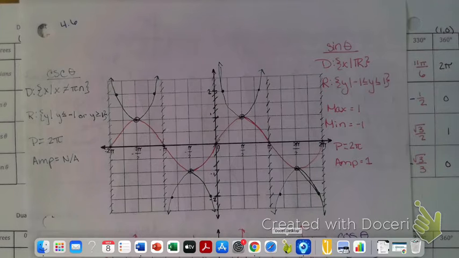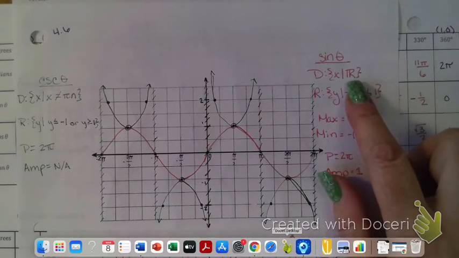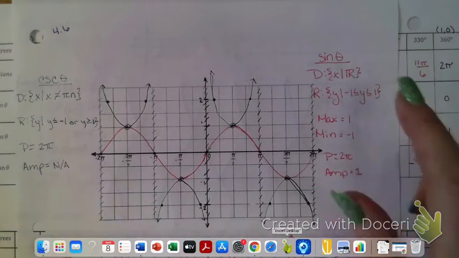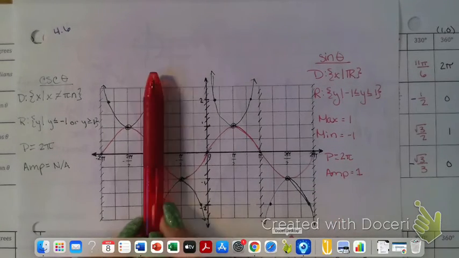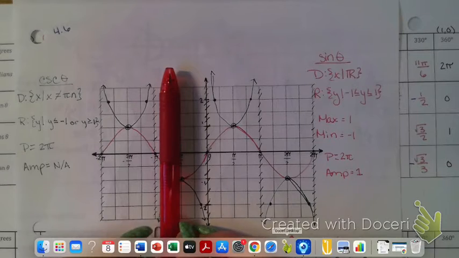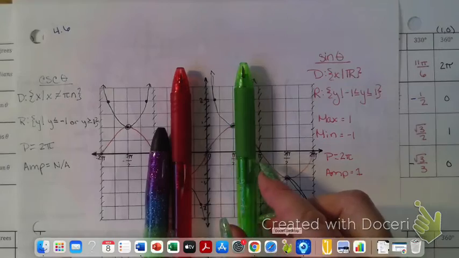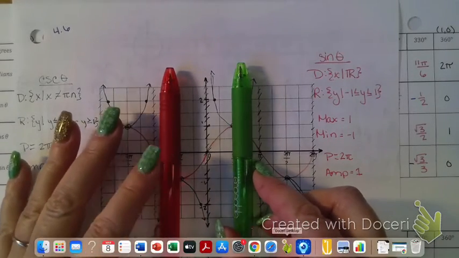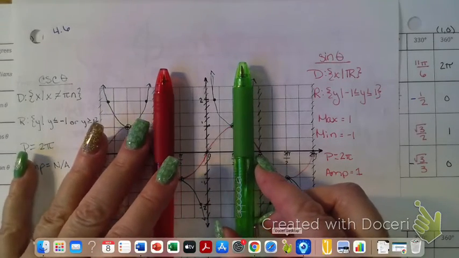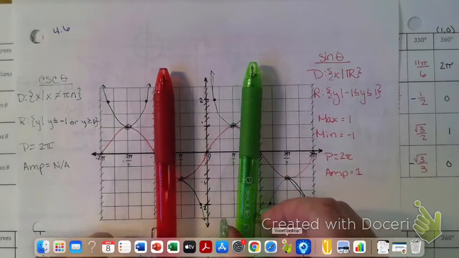But we can do this wonderful thing. Instead of making the domain all real numbers, we could cut the domain. If I cut it from here to here, from there to there, do I have all the positive values of sine?